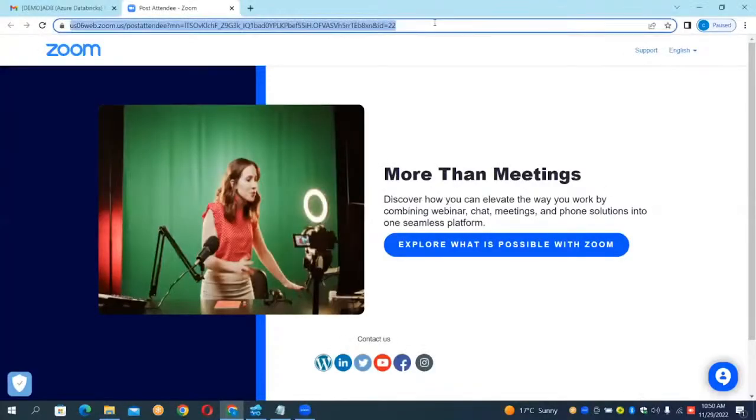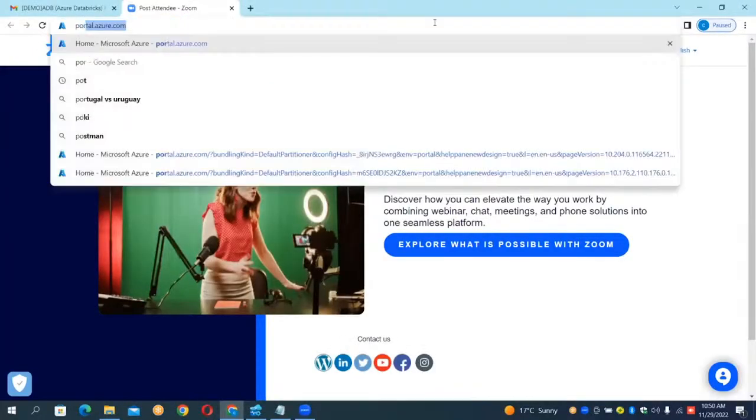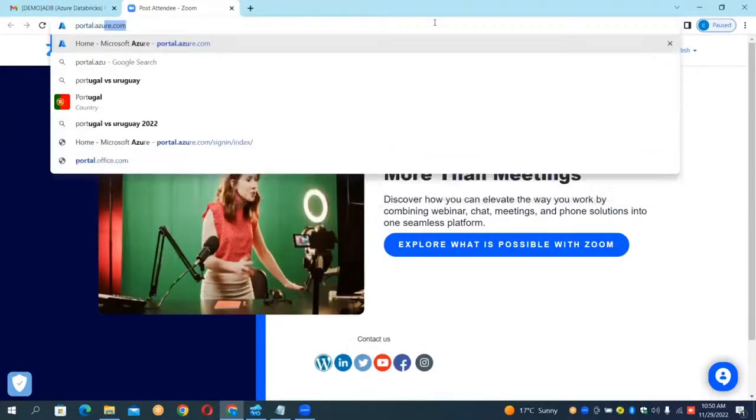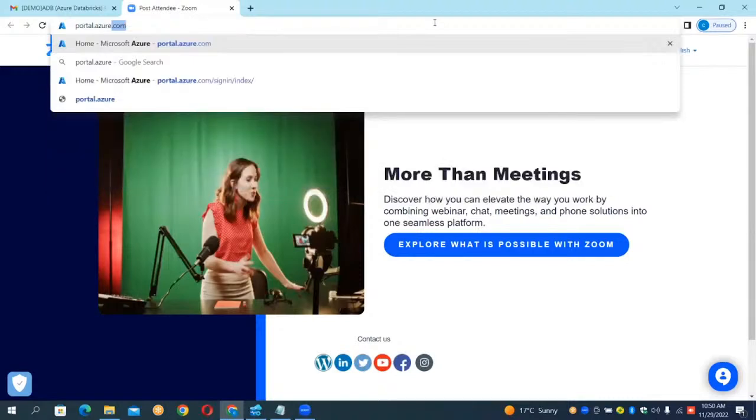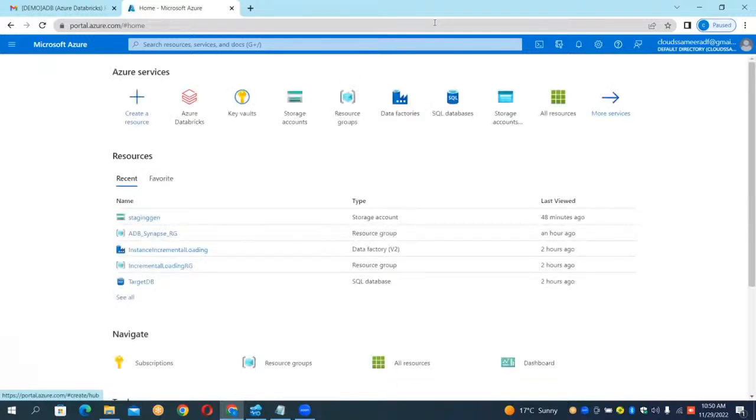Open a browser and type portal.azure.com. Once you open portal.azure.com, these are the storages you have. Click on more services, and I will show you all the storages.